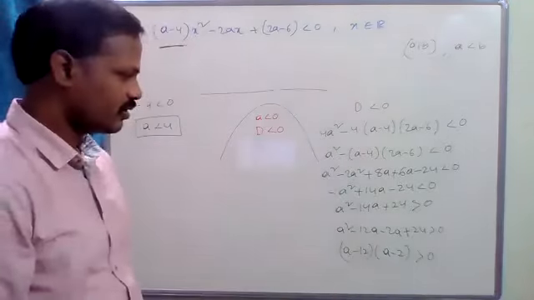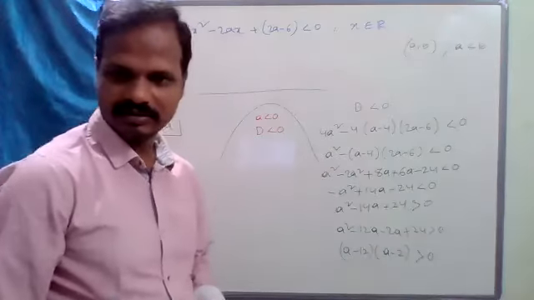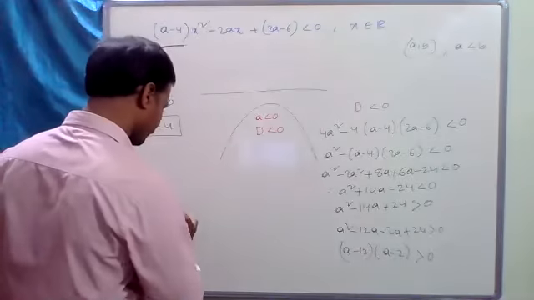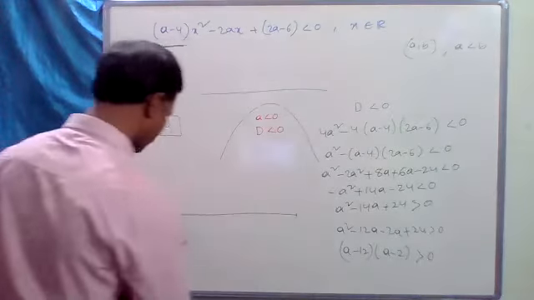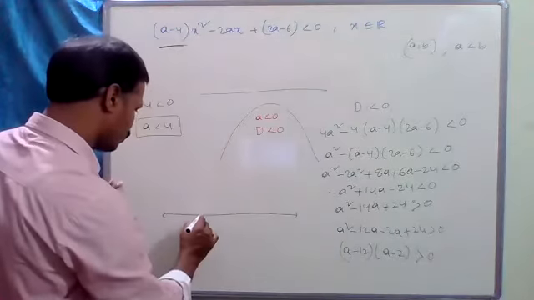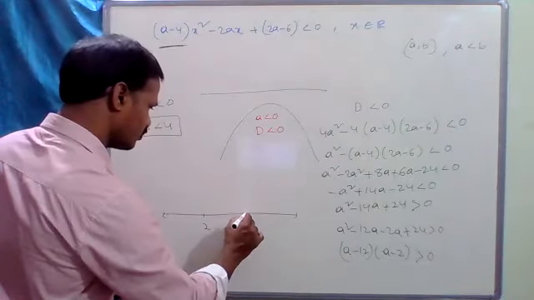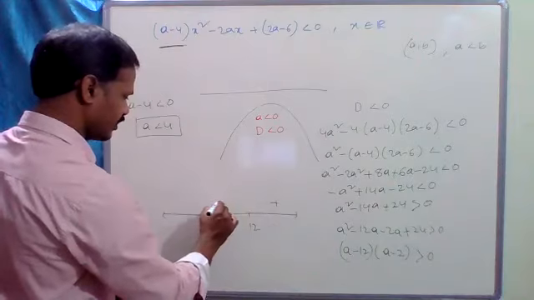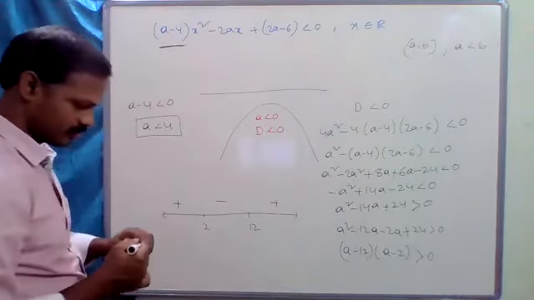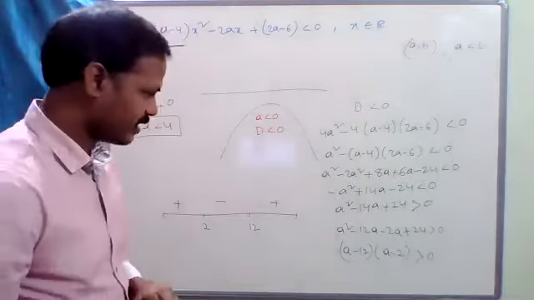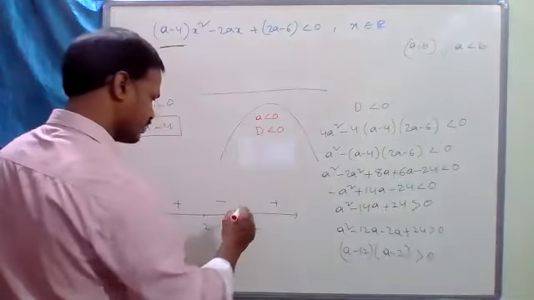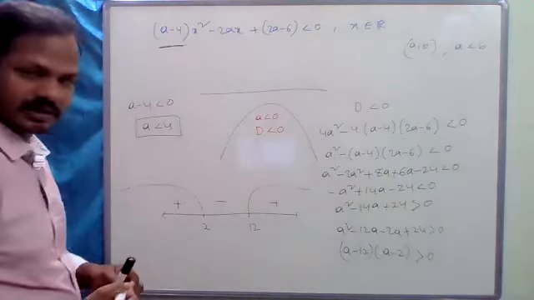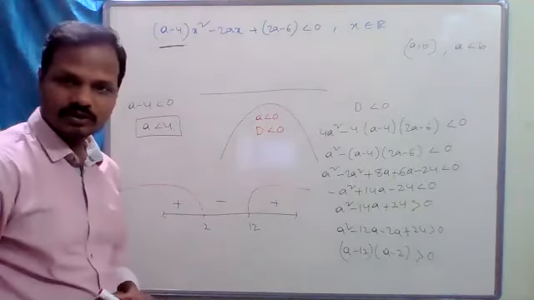Greater than 0 means the roots are 2 and 12, and the signs are positive, negative, positive. We have to take the positive case, this part and this part. This is one solution.